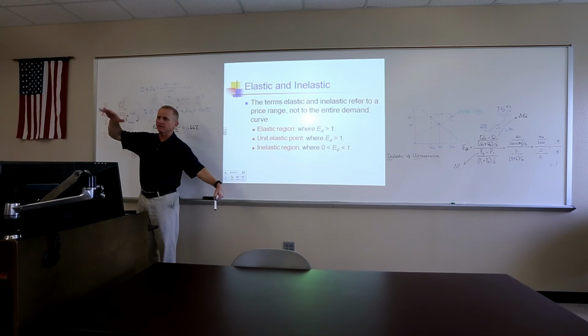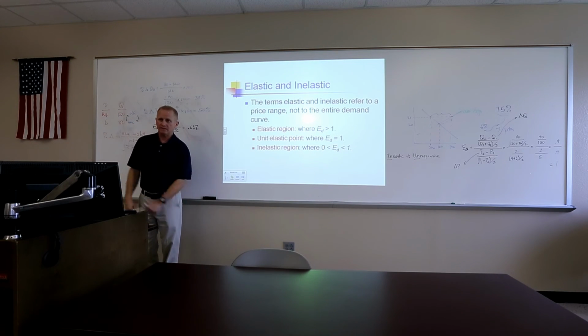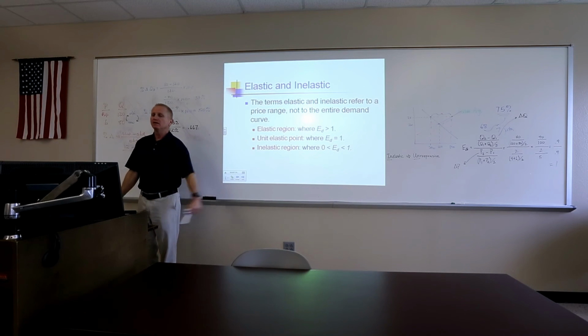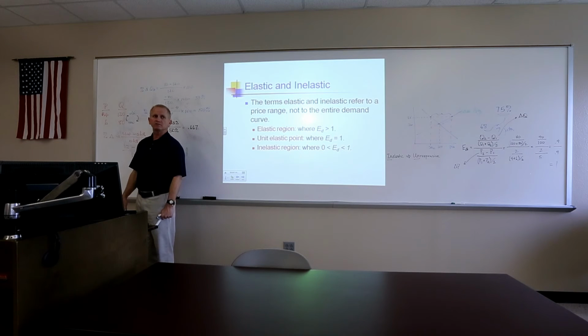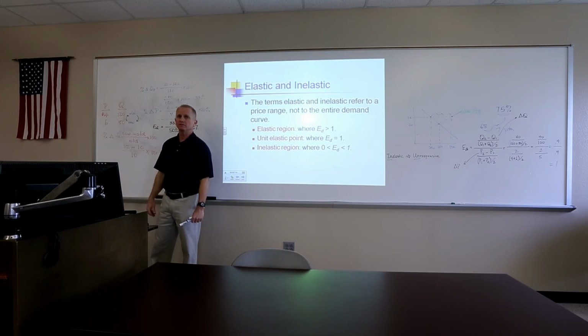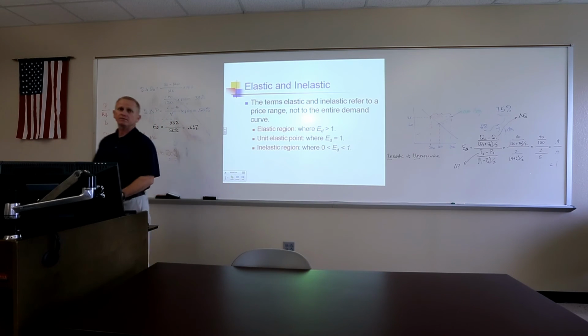We're kind of indifferent there. It's in between. It's called the unit elastic point. But if it had been less than 1, like 0.5 or something, then I would have said we're very unresponsive to the price change, and we could care less what the price does. If the price goes up, we're still going to buy it. We're still going to buy the peanut butter.